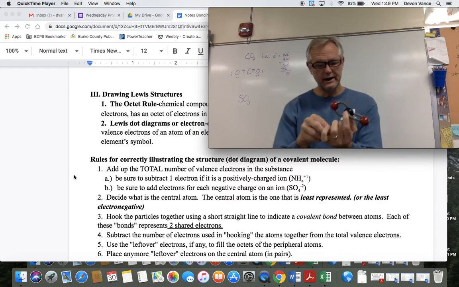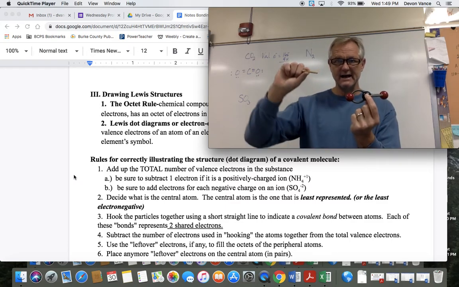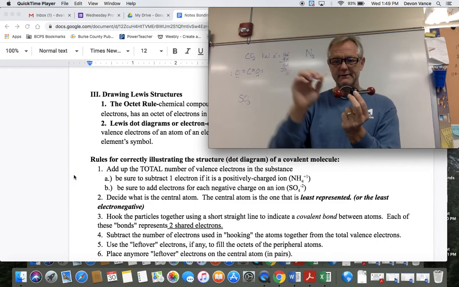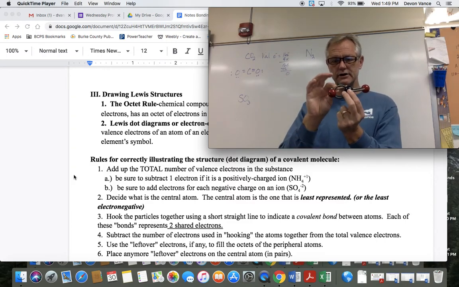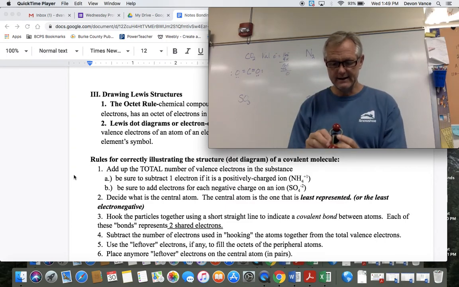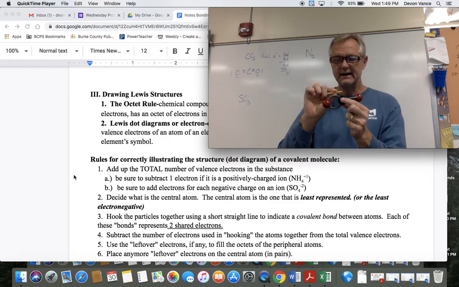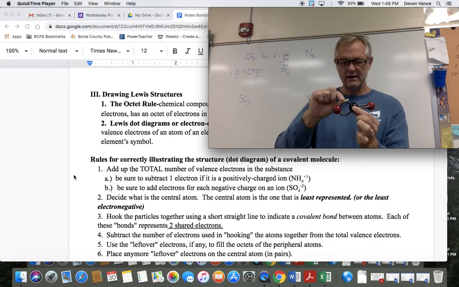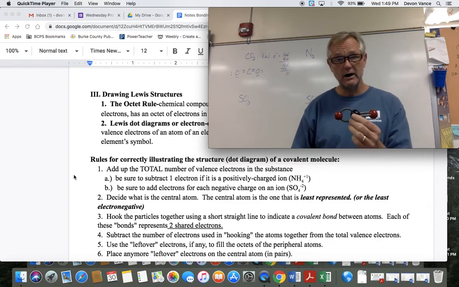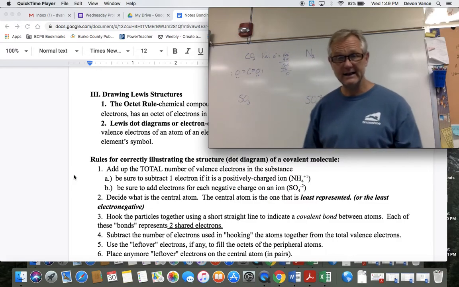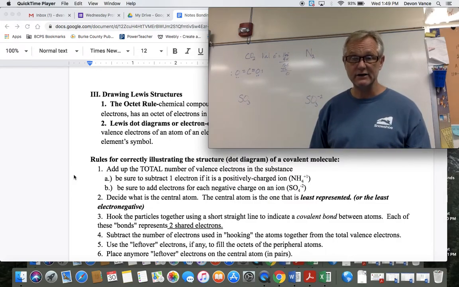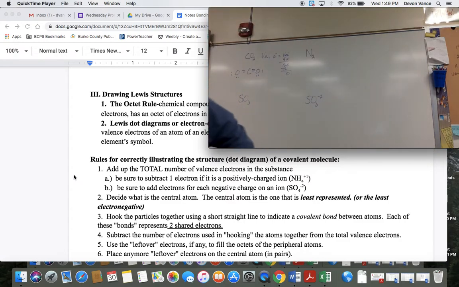Well, the spring is the same distance as the single bond, except now it's bent over. You can tell it is a little shorter than the single bond, but it's longer than the triple bond. And that's exactly it. Single bonds are going to be the longest, least energy, double bonds next, and then triple bonds are going to contain the most energy, and they're going to be the shortest.